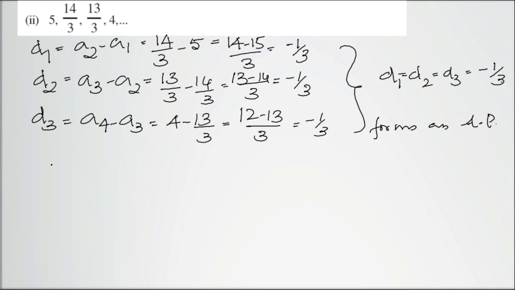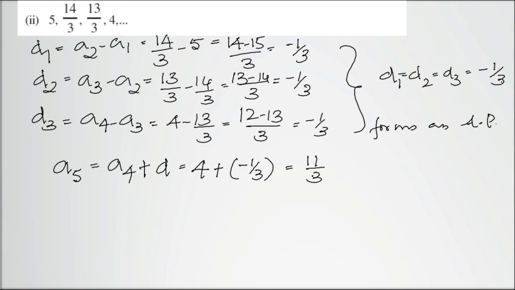Now we need to find the fifth term. Fifth term is fourth term plus the common difference. Fourth term is 4 plus the common difference is negative 1 upon 3. We'll be getting 11 by 3. Sixth term is the fifth term plus the common difference. Fifth term just now we have found as 11 by 3 plus minus 1 by 3 to be added.